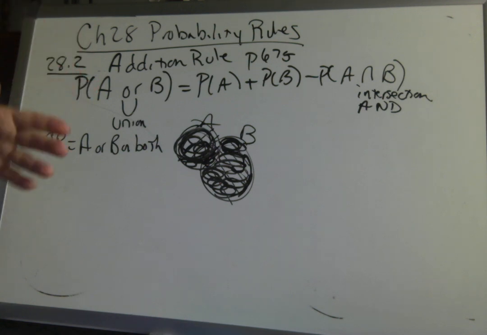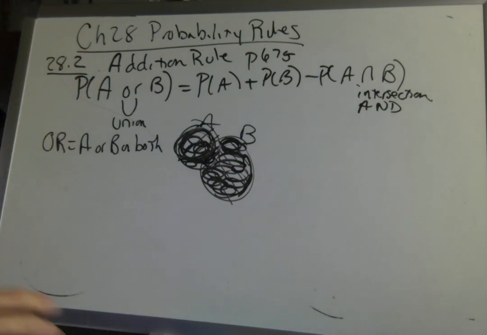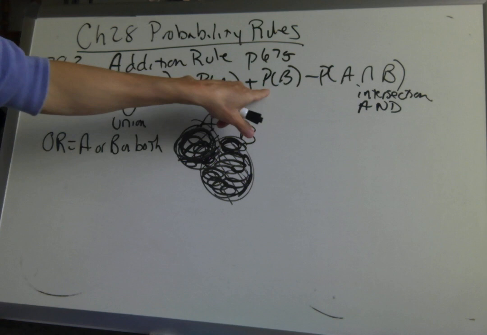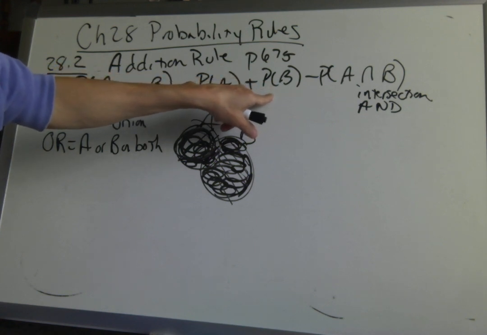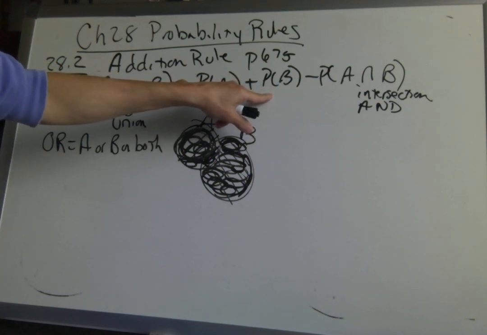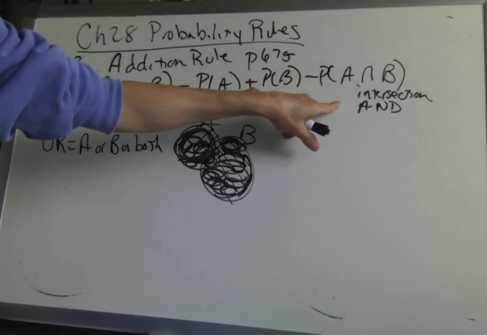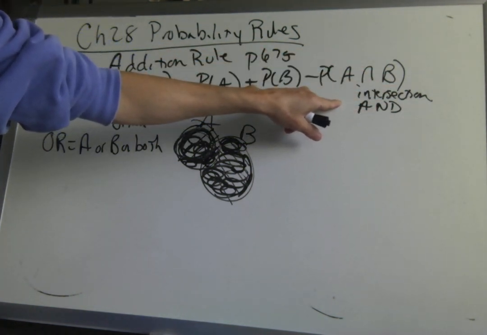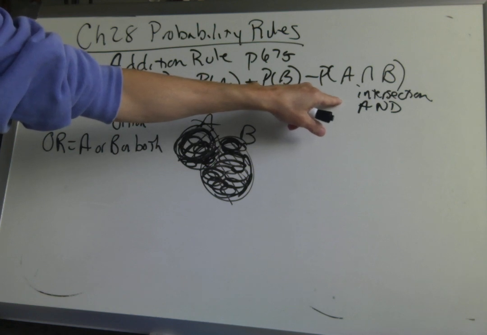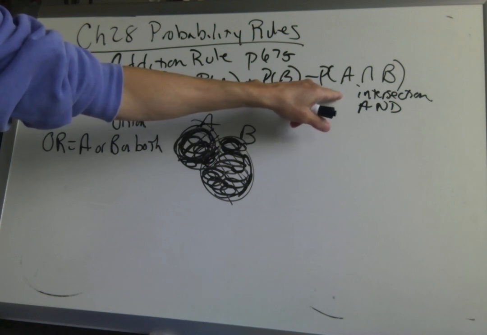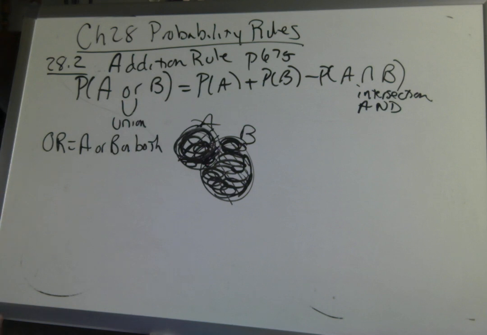So we went and we added up the probabilities for rolling a sum of 7. Then we added it to the probability of rolling a sum of 8, right? We just added them. We didn't have to worry about this term, right? Because you cannot be a sum of 7 and a sum of 8 at the same time. There was no intersection.